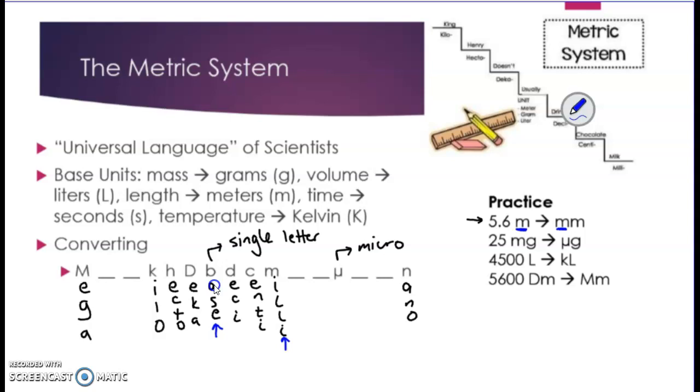So I'm going from B to M. I'm going to count 1, 2, 3 spaces, and I move to the right. So I'm going to move my decimal 3 places to the right. 1, 2, 3, and I fill in with zeros. Okay. Please pause the video and try the remaining practice problems.